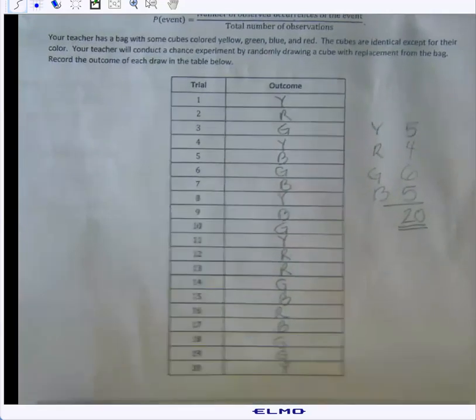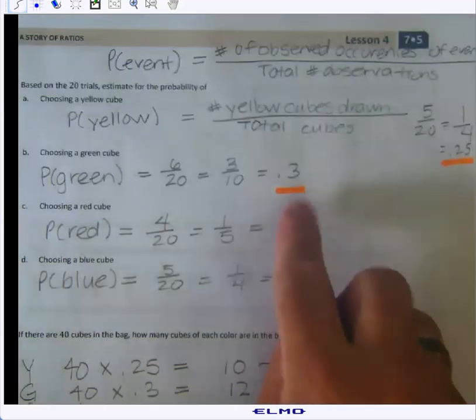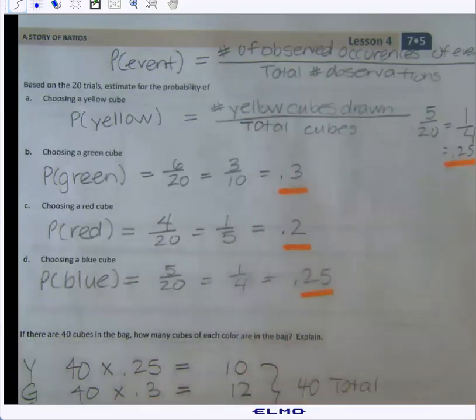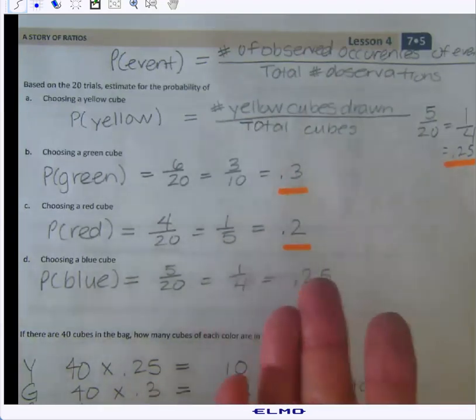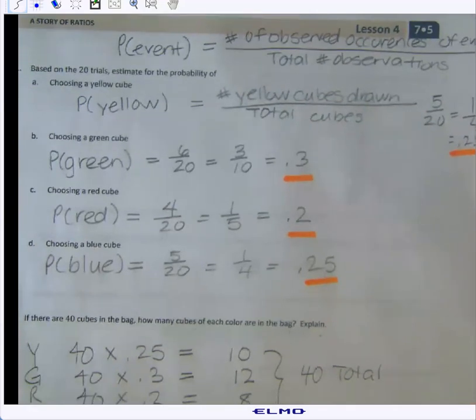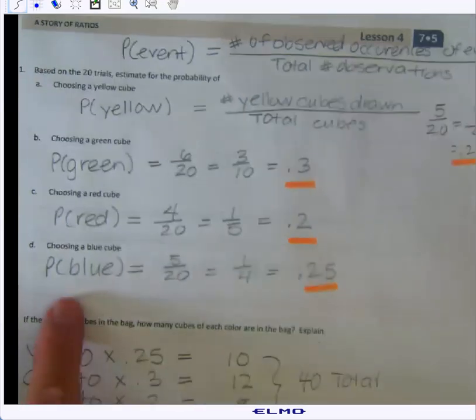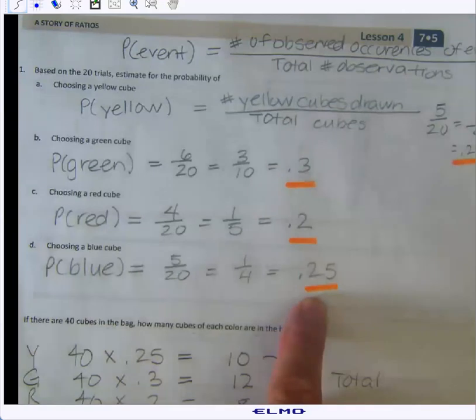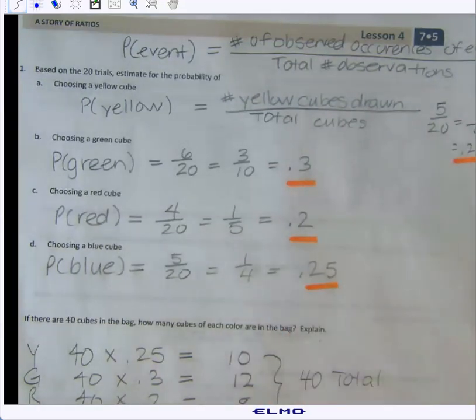Okay? So we call these experimental probabilities, and if this is all we have, we use these to estimate, okay, what do you think the probability will be that I pull out a blue cube? Well, you look at your experimental probability and you say, oh, I bet you have a 1 in 4 chance of pulling out a blue based on what has happened in the past.